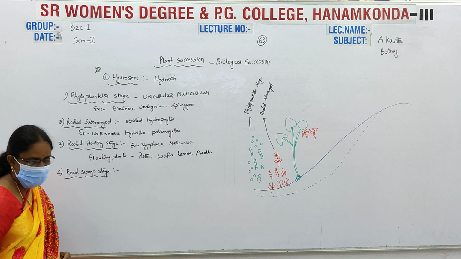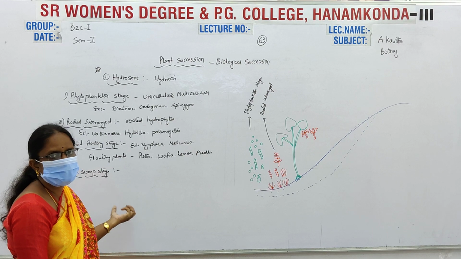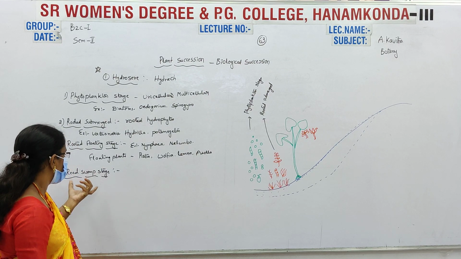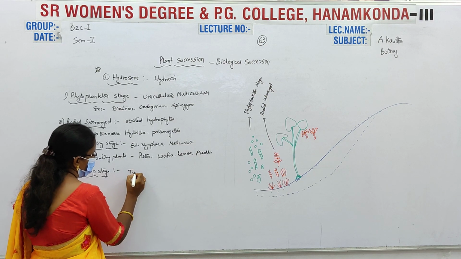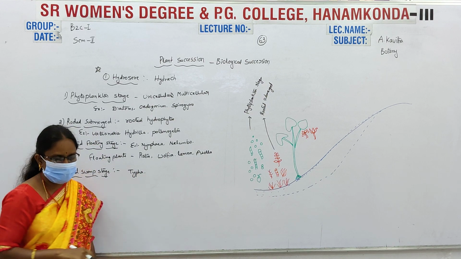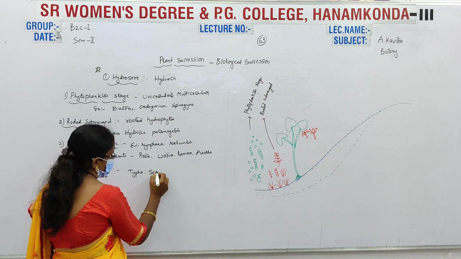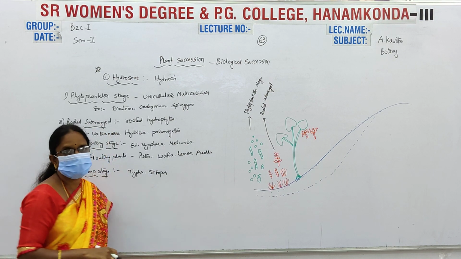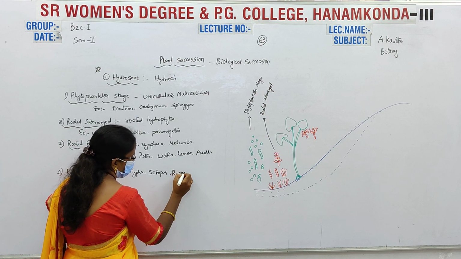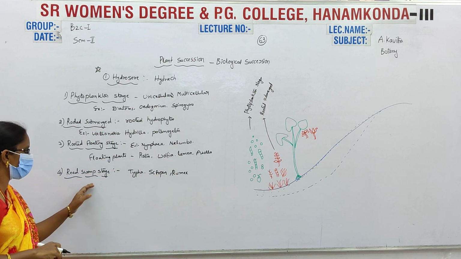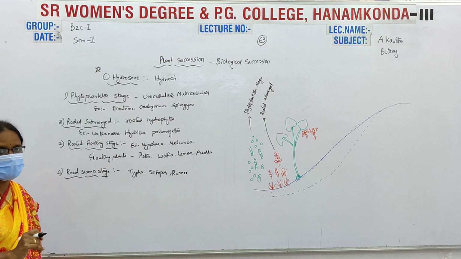In the reed swamp stage, some types of plants live, for example Typha, the best example, Scirpus, and Rumex. These are the examples of the reed swamp stage. In the reed swamp stage, plants are attached to the substratum by the roots.